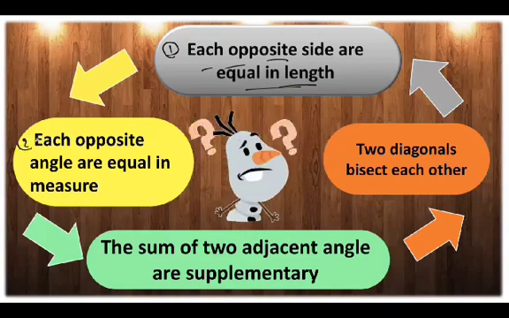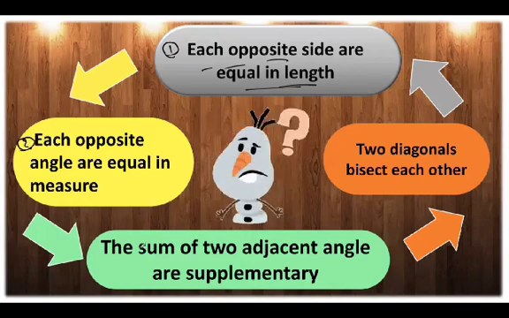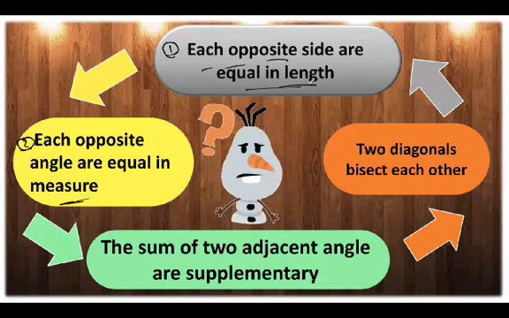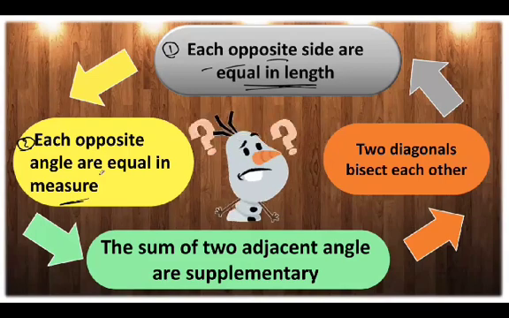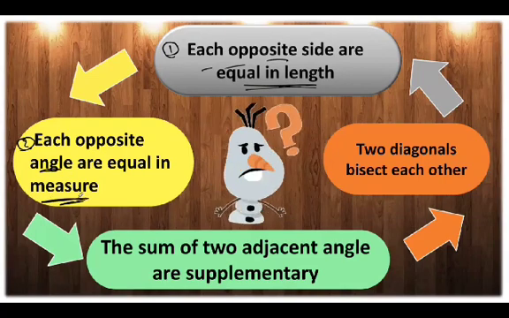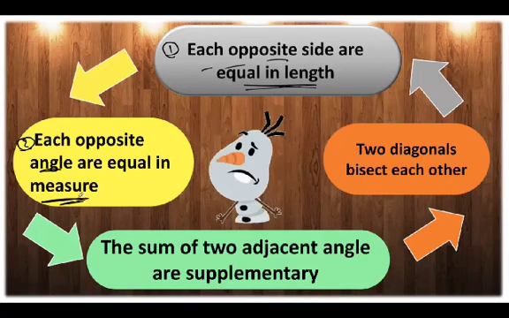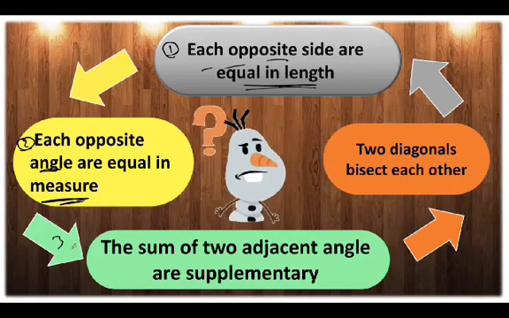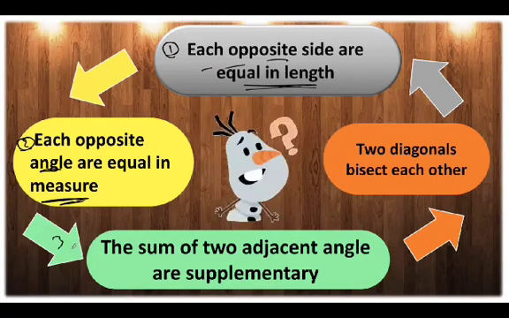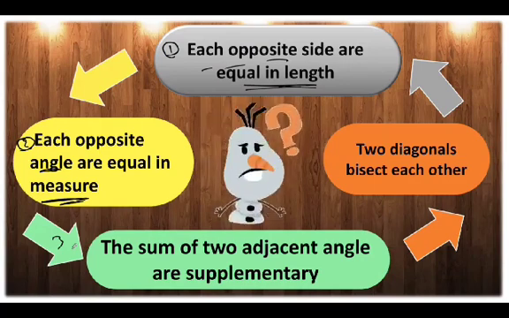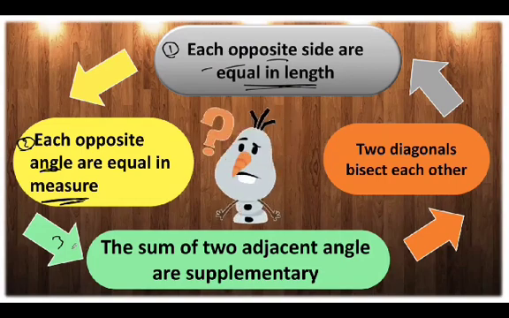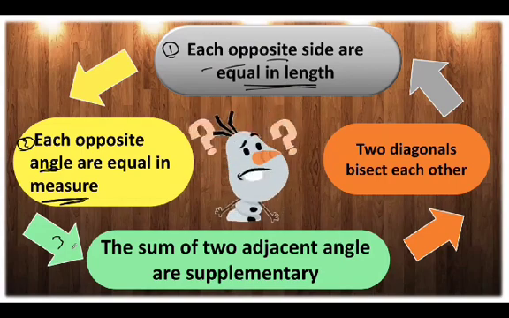The second is that each opposite angle is equal in measure. But I want you to notice something: when I say side, you must understand right away that I'm talking about length. When I say angle, understand right away that I'm talking about measure. Okay. Property number 3 is that the sum of two adjacent angles is supplementary. Supplementary means the two adjacent angles sum to 180.